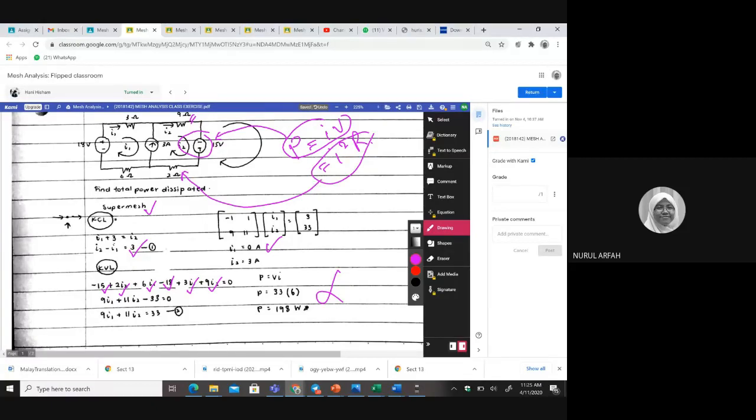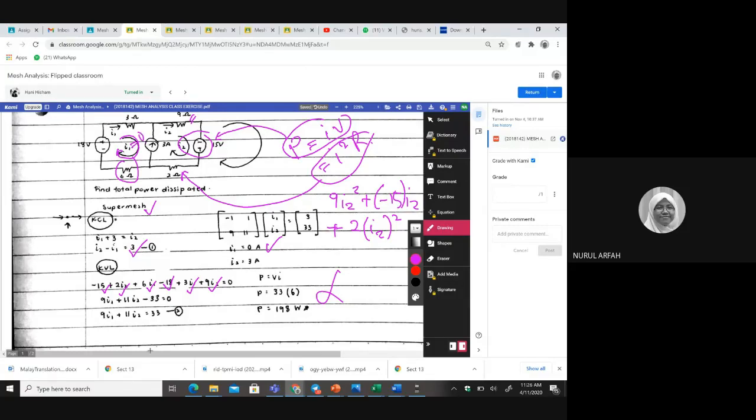Okay, and then it's supposed to be 9 into I2 square, plus minus 15 into I2, and then plus 2 into I2 square. And then this is 0 because current here is 0.